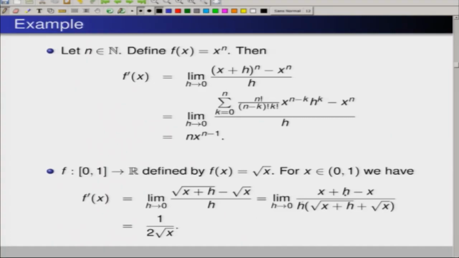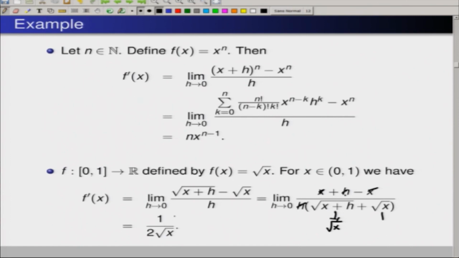Now you can see that this h and h get cancelled. So we get 1 by square root of x plus h plus square root of x. Now, as h goes to 0, this goes to square root of x, and there is no h here. Therefore, this becomes 1 by 2 square root of x.